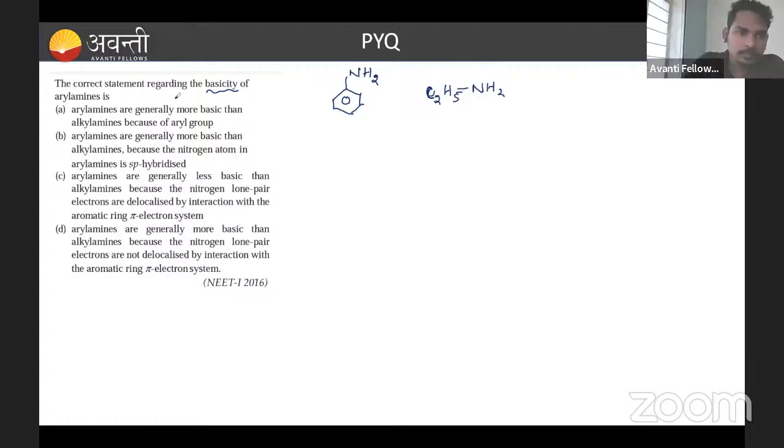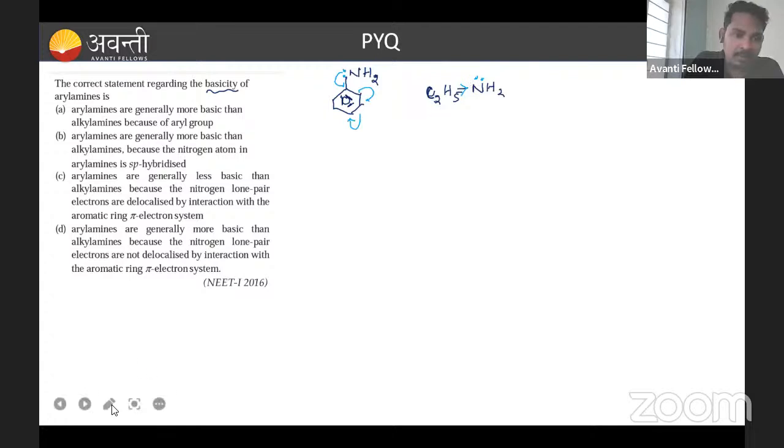Aryl amines are more basic than the alkyl amines, because in the case of benzene, if you take the aryl amine, what will happen? Resonance, like you can see, this double bond is in resonance with the lone pair, so the lone pair is not that much available compared to this one, which gives electron to this.